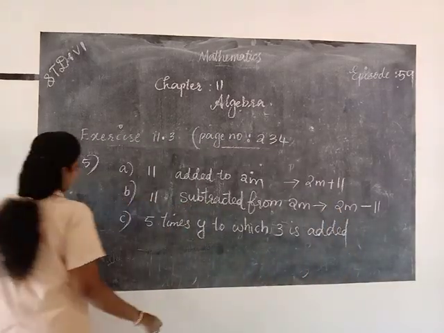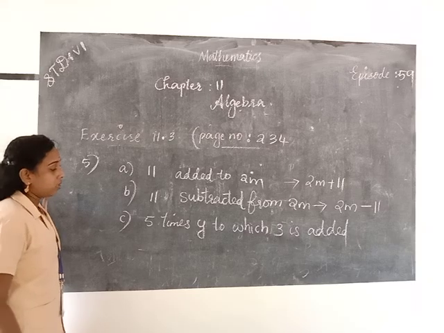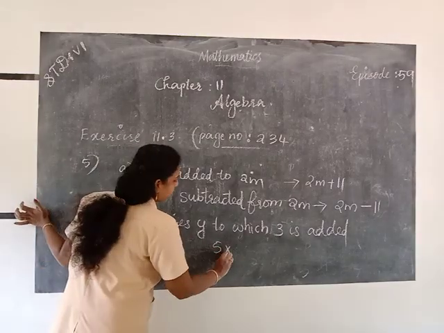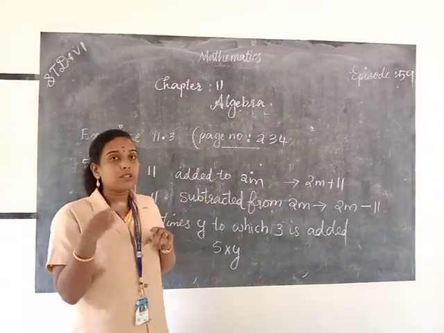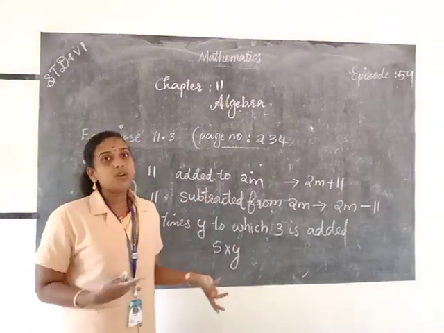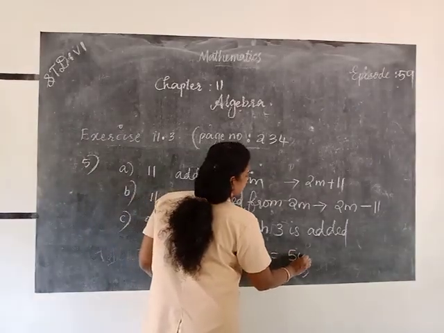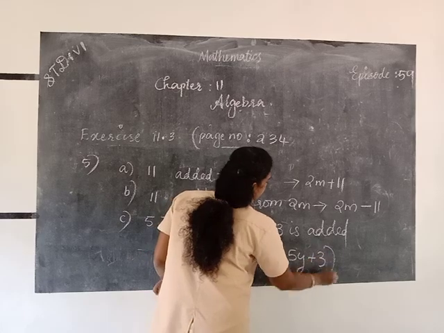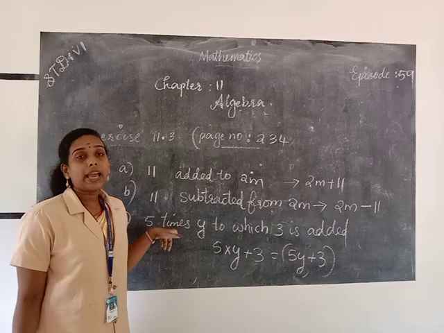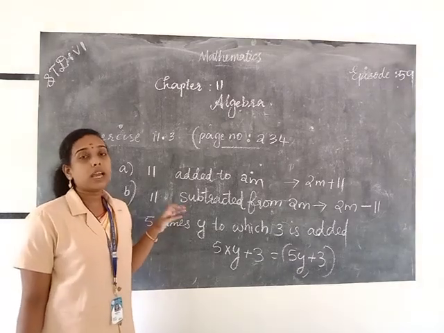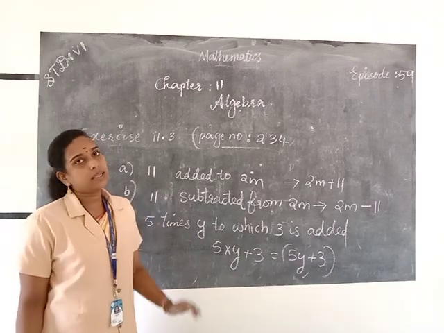So 5 times y means 5 into y. To which 3 is added. This means 3 is added to the result of 5 into y. So plus 3. That's equal to 5y plus 3. Okay, 5 times y means 5 into y, 5y. Then 3 is added to the result, that is 5y plus 3.